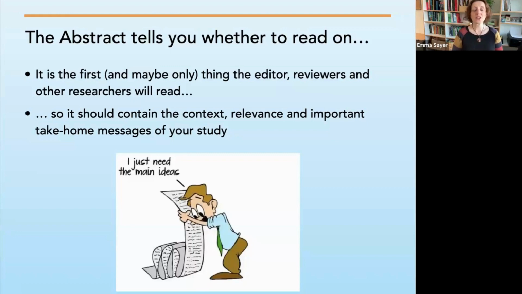And it's definitely the first thing that most other researchers will read, and it could be the only thing they read when doing a search. People will read the abstract to decide, is the rest of the paper worth reading? So the abstract really needs to contain all the relevant information about the context, the relevance, and of course the key take-home messages of the study. So getting the abstract right is pretty important.